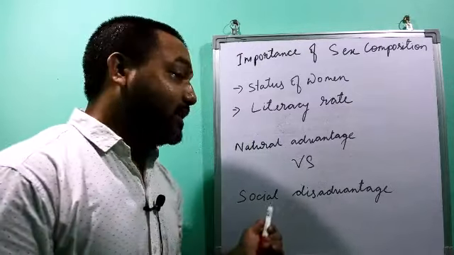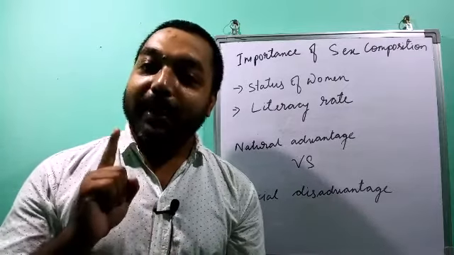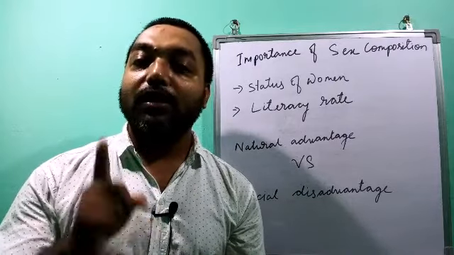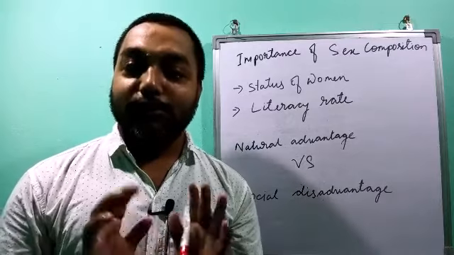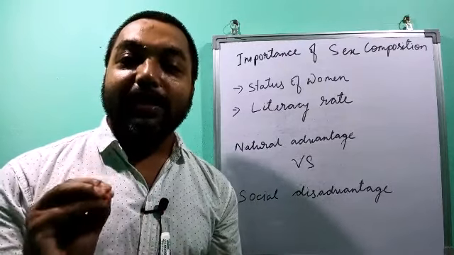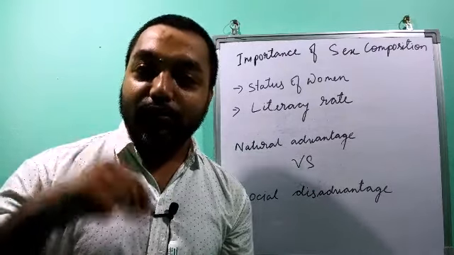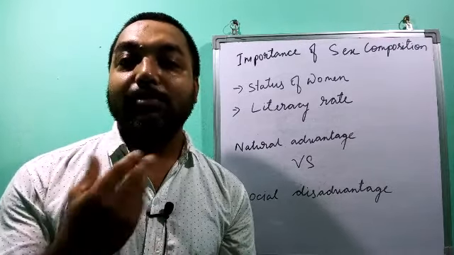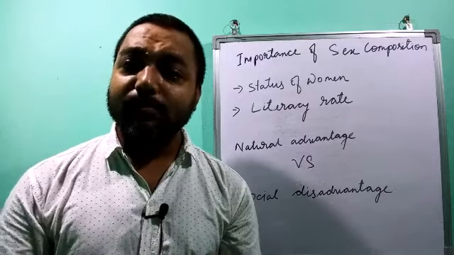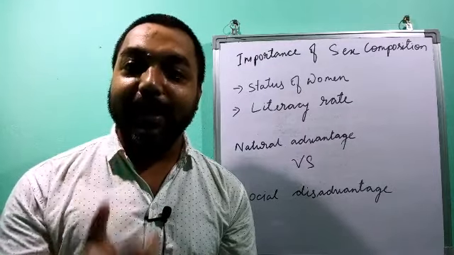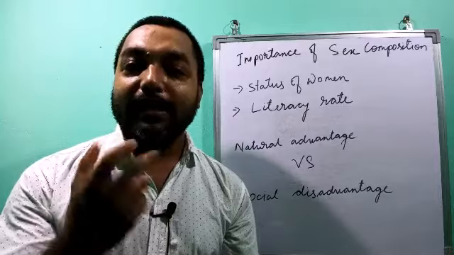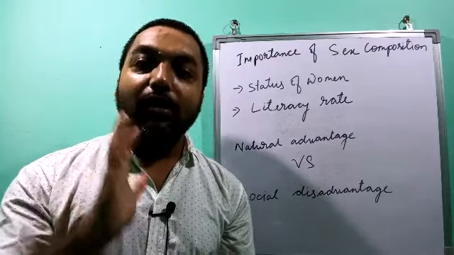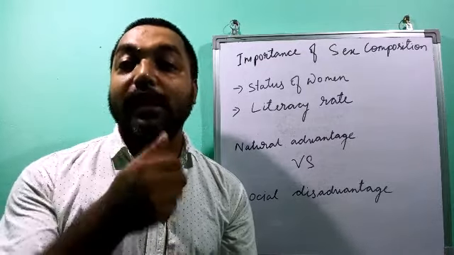So the social disadvantage for girls is that there are many couples who don't want a girl child. Yes, it is true. There are many couples in India today who don't want a girl child. Why? Because they think a girl is the property of someone else. They will spend their money, energy and time on her, and ultimately one day she will go away to someone else's house.